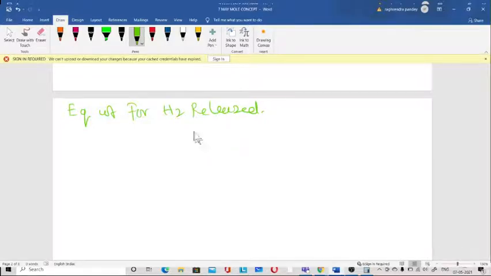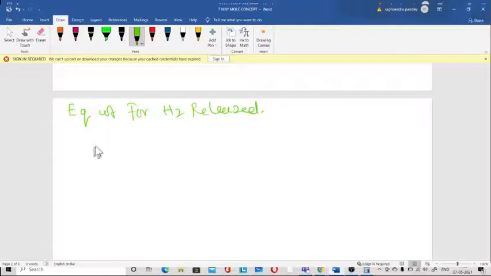So when I say hydrogen released, always remember that H2 means two valency of metal.